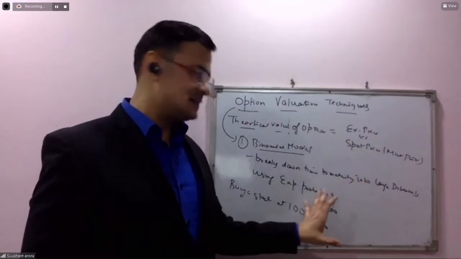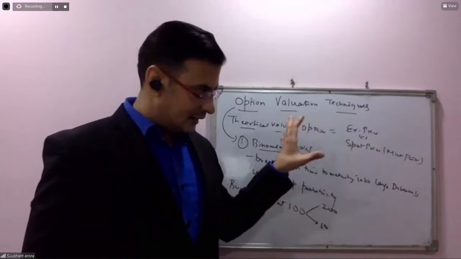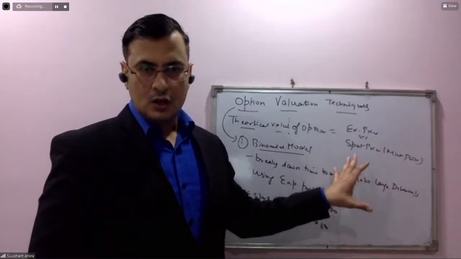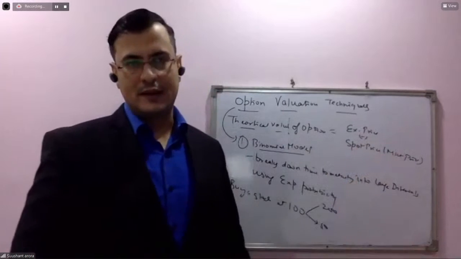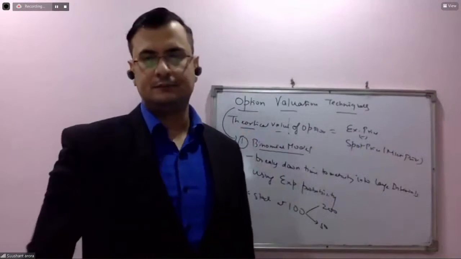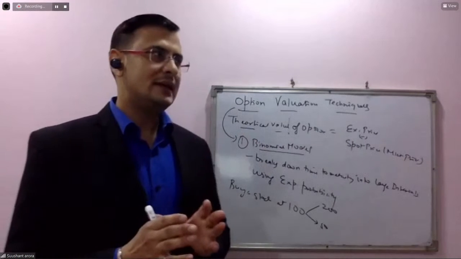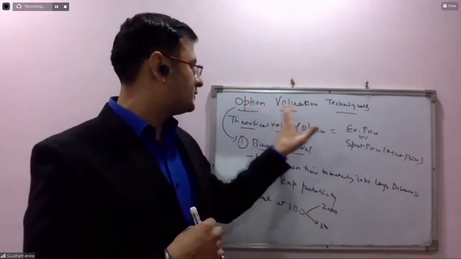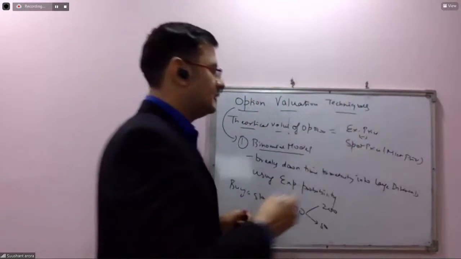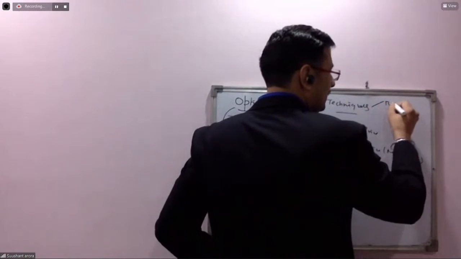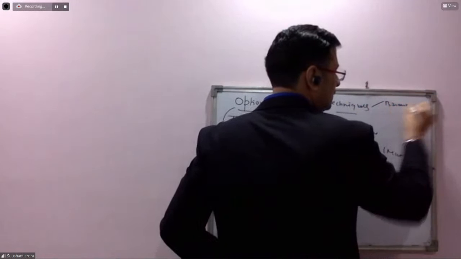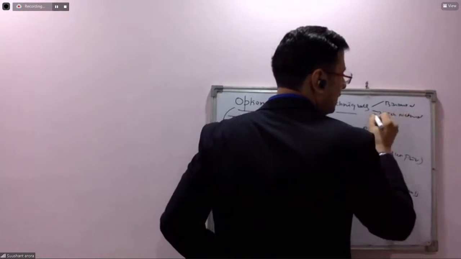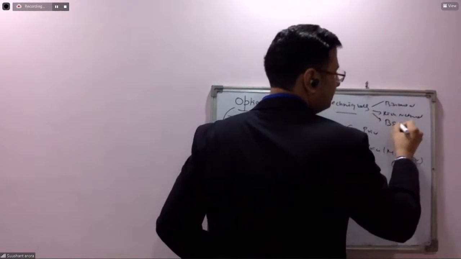The logic to calculate these things is that at the expiration of the option, we get to know the final possible stock price by moving backwards. Clear? The three option valuation techniques are binomial, risk neutral, and BSM.